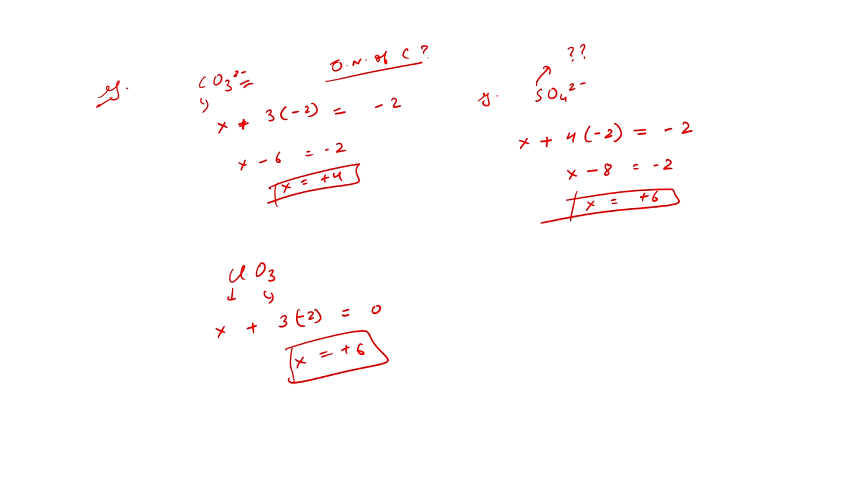Generally, it exists with a minus charge. So let us write the right formula, ClO3 minus, it exists like this. So minus 1. It will have x minus 6 equals to minus 1. So x equals to plus 5 oxidation number. So chlorine is present in plus 5 oxidation number.